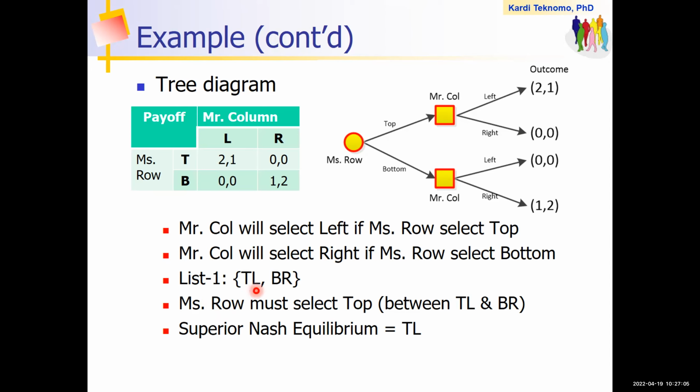Now, between TL and BR, can you see this one and this one? For Miss Row, which one is the superior?